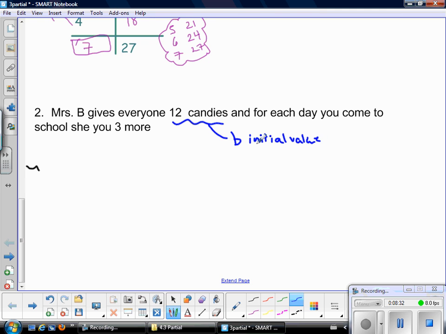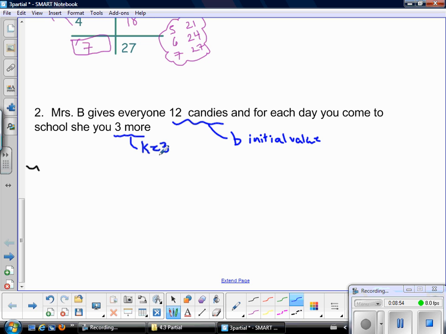And that's fine, but where is the slope coming from? Where's that constant of variation? Well, the constant of variation is how many am I giving you each day? So actually, your constant is 3. Every day you're going to get 3 more candies.